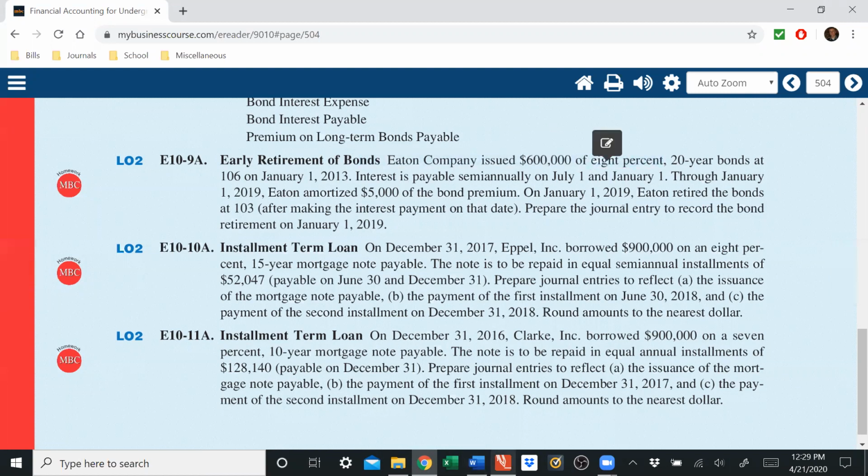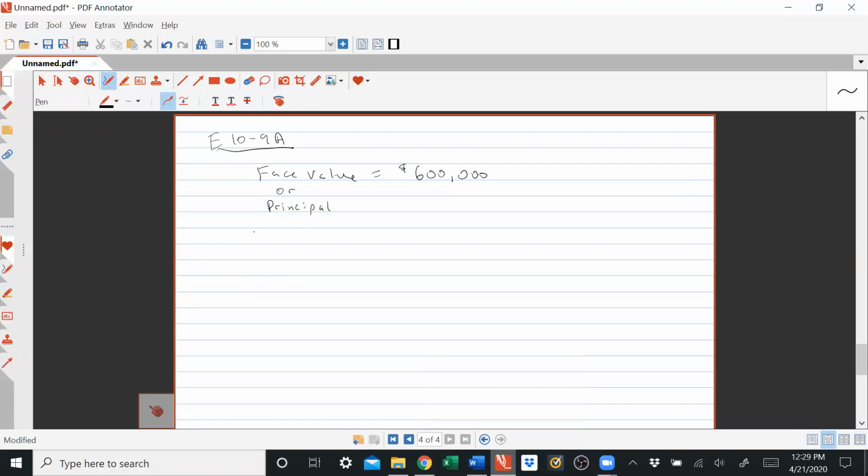It's the rate that's stated on the bond certificate. Usually it's called the stated interest rate. Sometimes it's called the coupon rate.